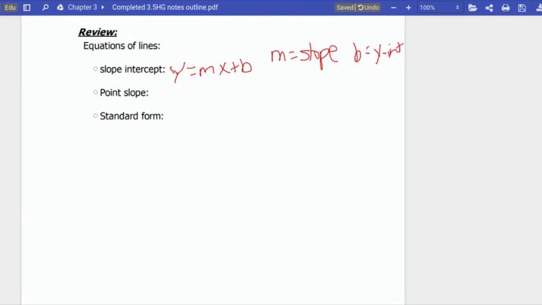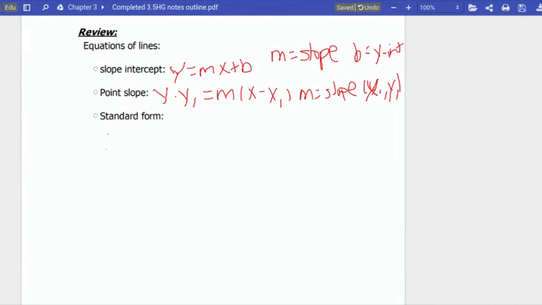Then we have point slope form, which is y minus y1 equals m times x minus x1. So m is still the slope, and the point x1, y1 is a point on the graph.